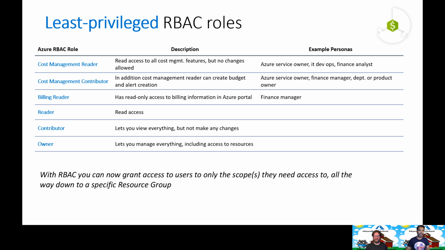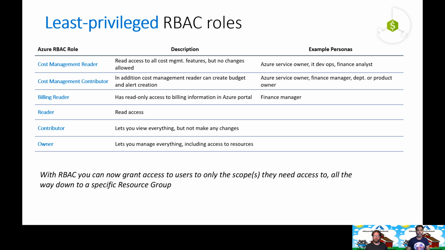Although the owner and contributor roles are here, you need to take a look and see why they really need an owner or contributor role, because that comes with a lot of privileges and responsibility. Even the contributor role can do a lot of things.